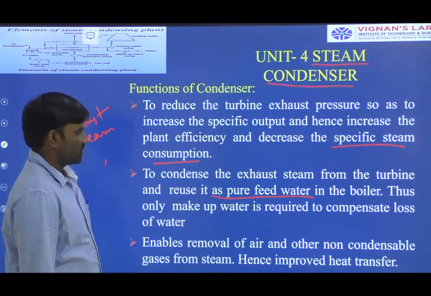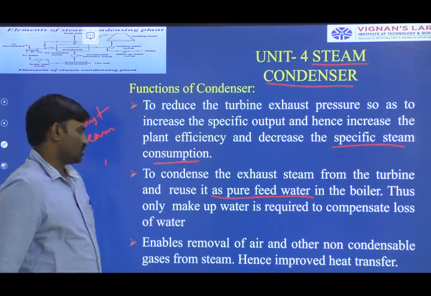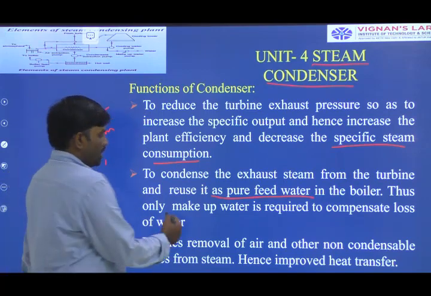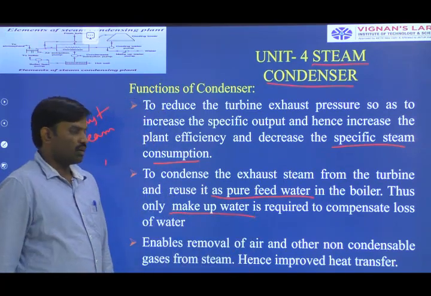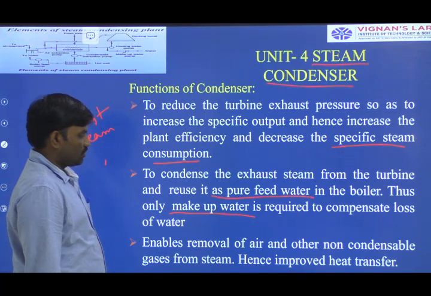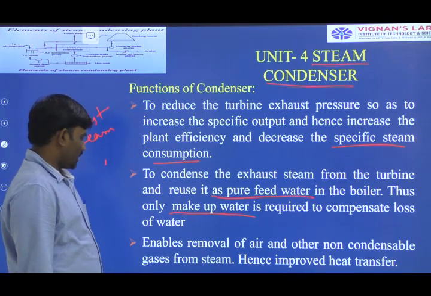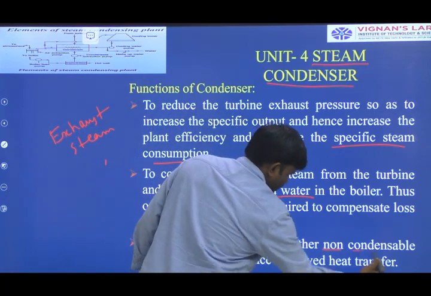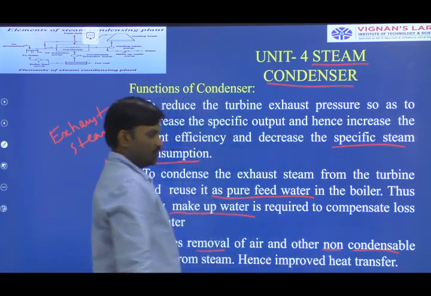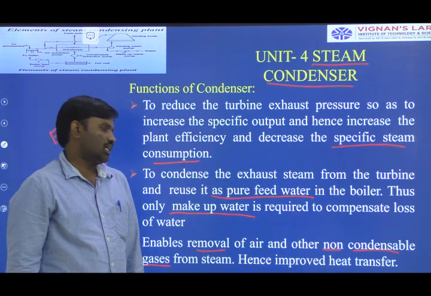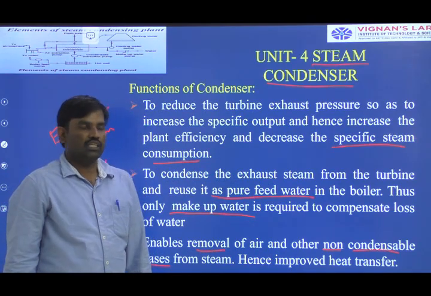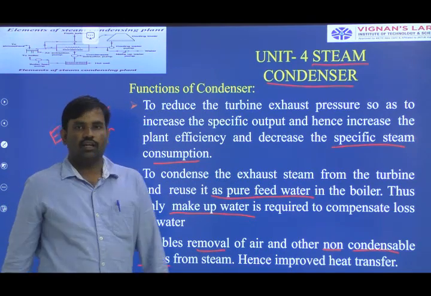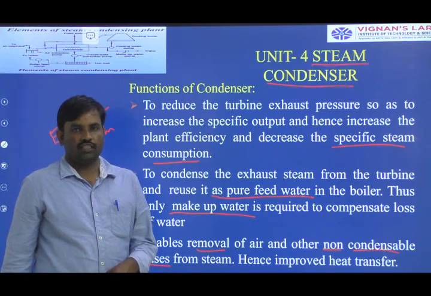After the condensation process, we send that feed water to the boiler section as makeup water. The next function is to enable removal of air and other non-condensable gases from the steam. Based on the type of condenser or the effectiveness of the condenser, we remove the exhaust gases and air in the condensate mixture.